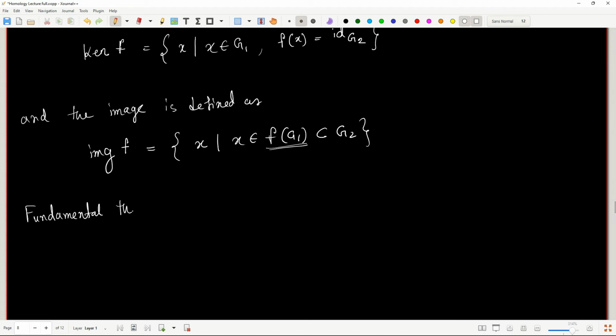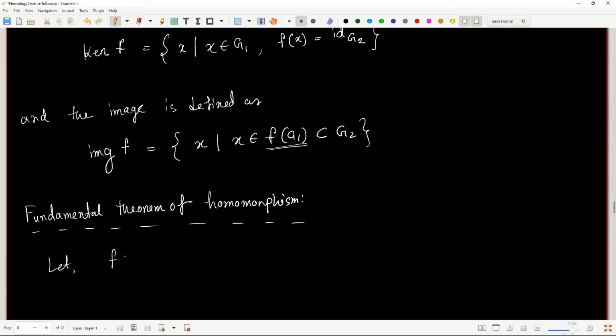Fundamental theorem of homomorphism. We will accept it without a proof for now. So let us state the theorem first.